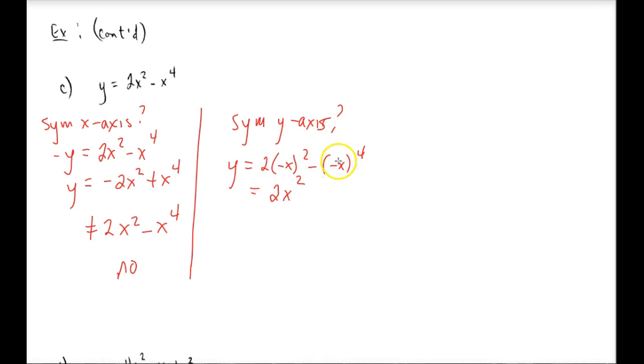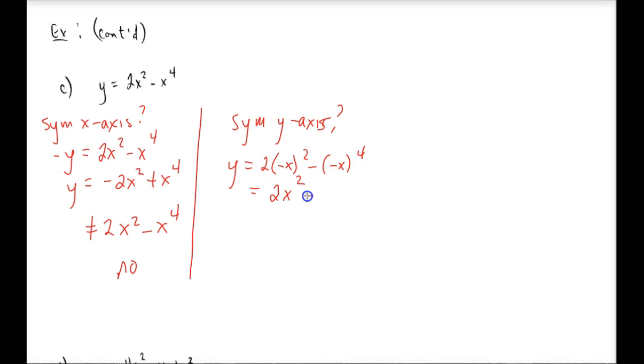And then, of course, here we have to remember we cannot do the negative times a negative as a positive here, or subtract a negative number as addition. We can't do that yet because we have this exponent here. We need to respect order of operations and actually do the negative x raised to the fourth power first.